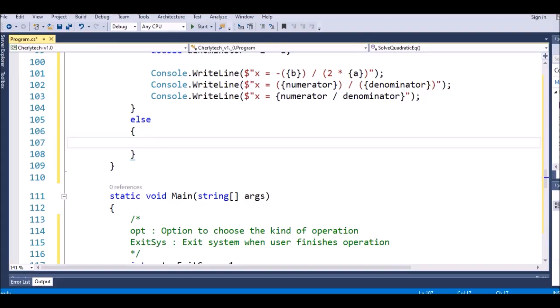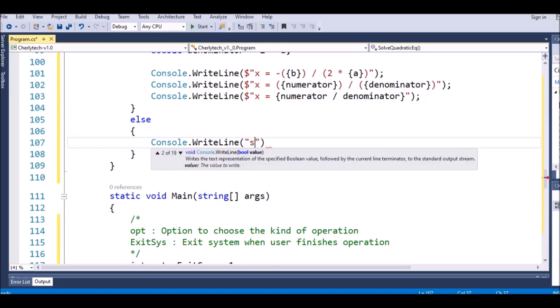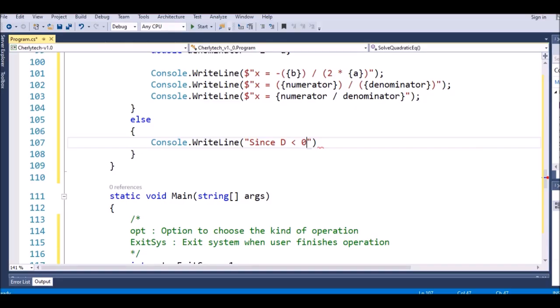So I say console write since D is less than 0, they are complex roots.